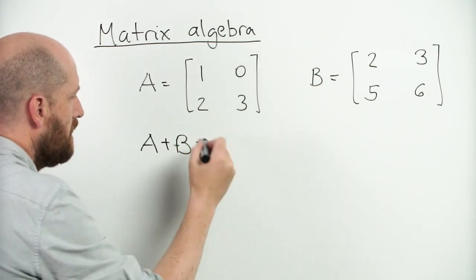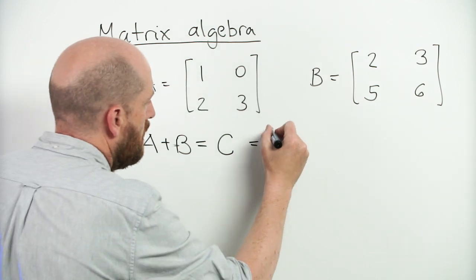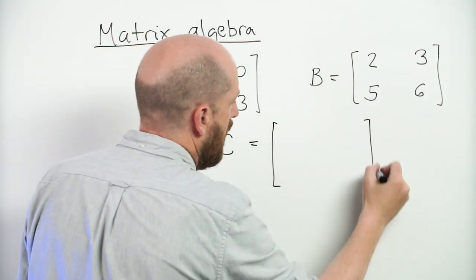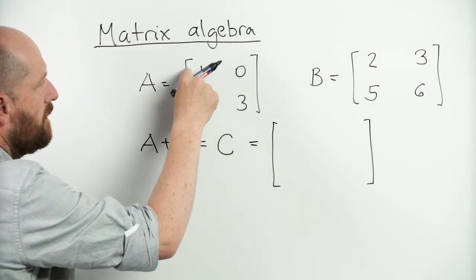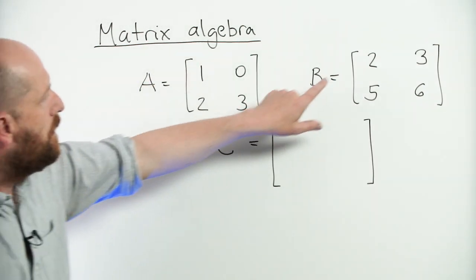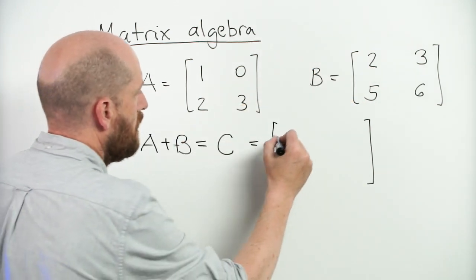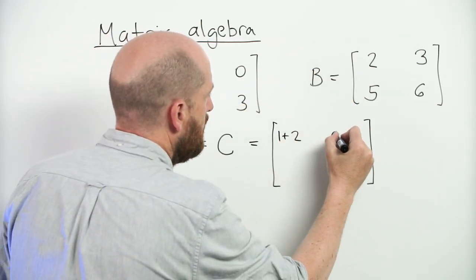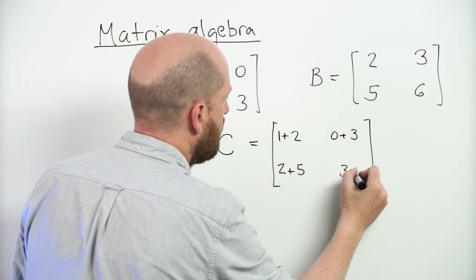A plus B, let's call it a matrix C, is really just calculated by adding up the corresponding elements. So the first row, first column, would add to the first row, first column in B. Okay, so 1 plus 2, 0 plus 3, 2 plus 5, and 3 plus 6.